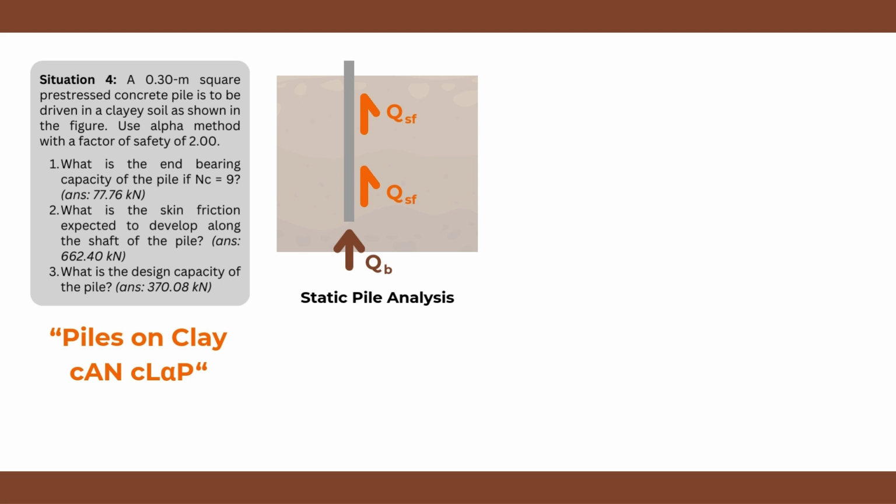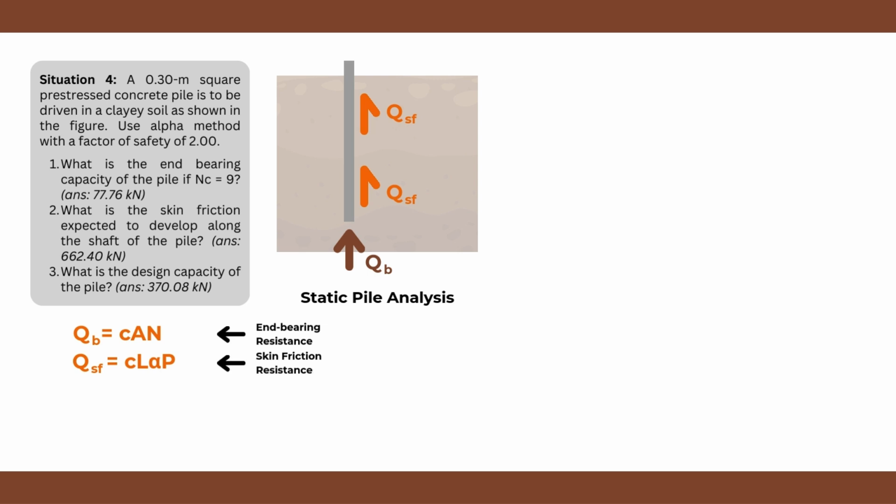So looking at how we can use this phrase, our end bearing resistance is equal to the mnemonic CAN, and our skin friction resistance is equal to our mnemonic CLAP. Just to elaborate our formulas, C stands for the cohesion, A stands for the area of the pile tip, and N, or as given in our problem as NC, is actually our bearing capacity factor due to cohesion.